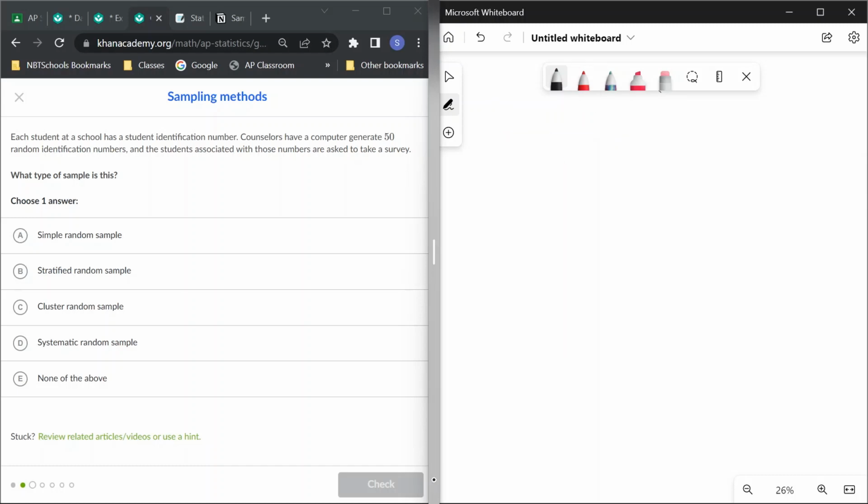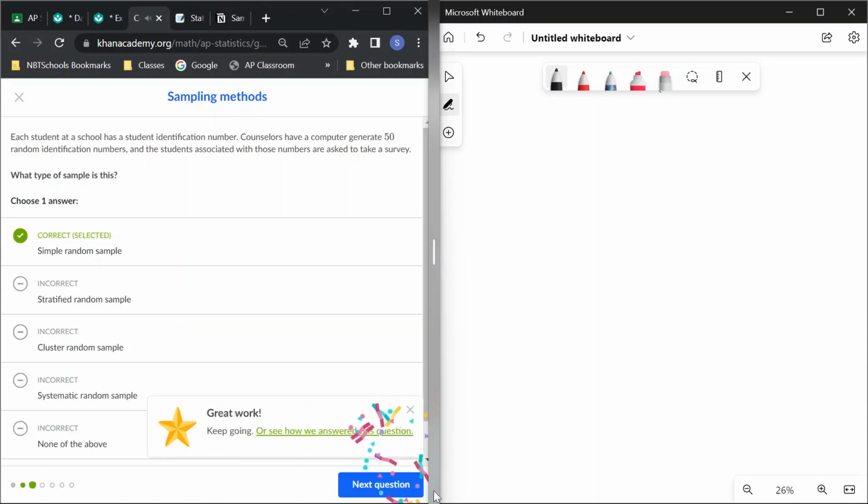They also have a computer generate 50 random identification numbers. What type of sample is this? I don't know. Convenience, voluntary, simple random sample. I guess simple random sample, because each student has an equal chance of being chosen.